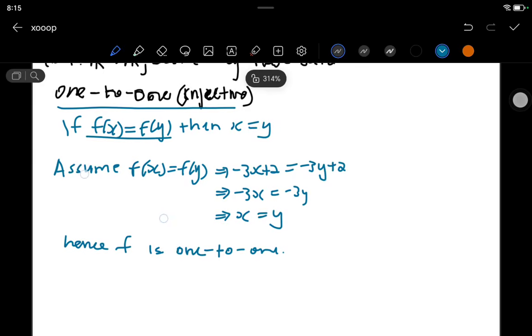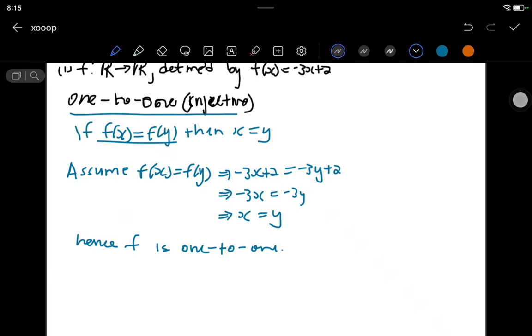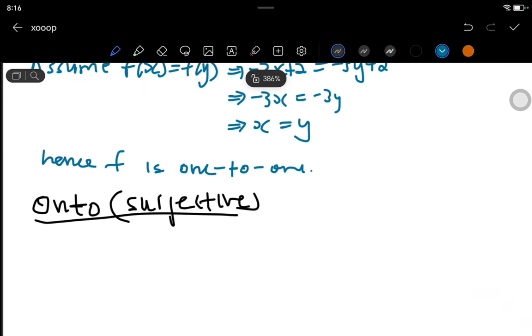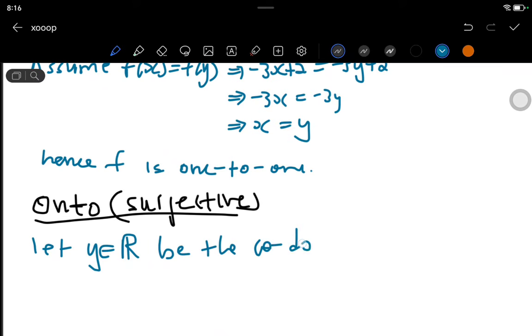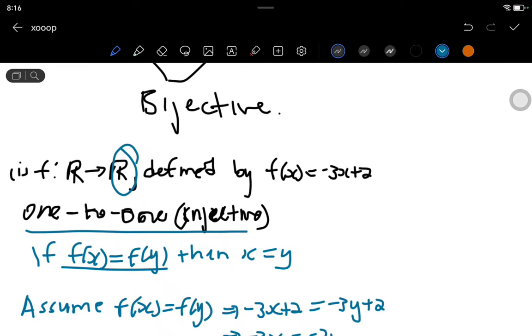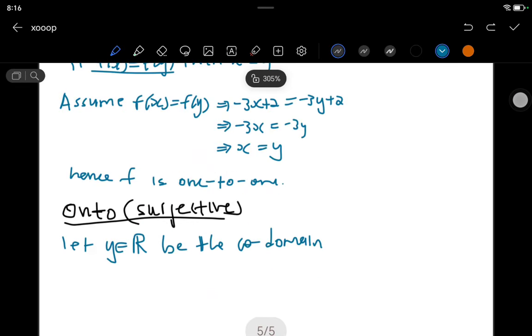Now we prove onto. I want to check if this function is onto, which is surjective. For us to prove a function to be onto, we first let y be an element of R, the codomain, because our codomain is R here.